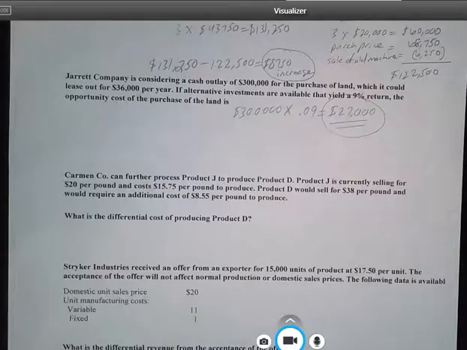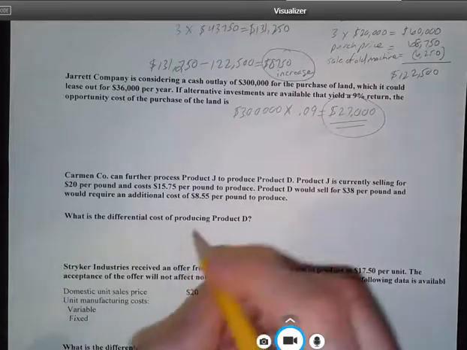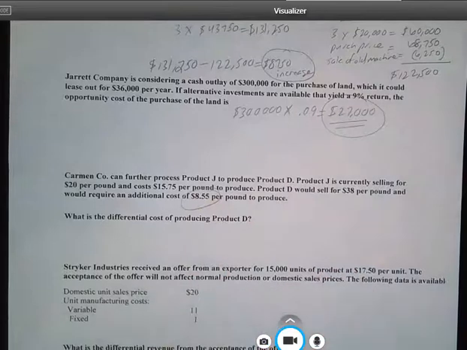What is the differential cost of producing product D? We've already done this question. The differential cost is $8.55. There it is right there. Okay. I apologize. I gave you that question twice, and the other time we had to do a couple of other things to it, I believe.